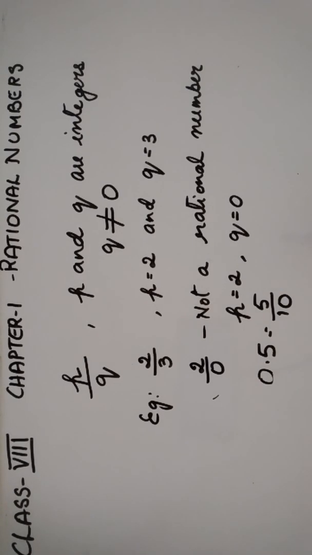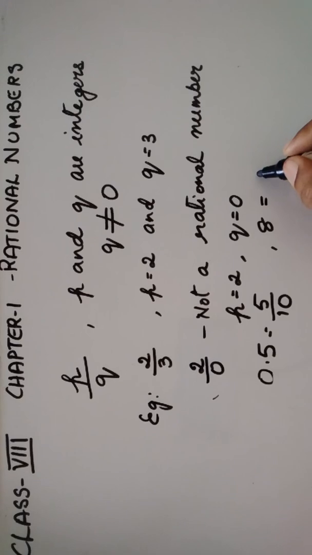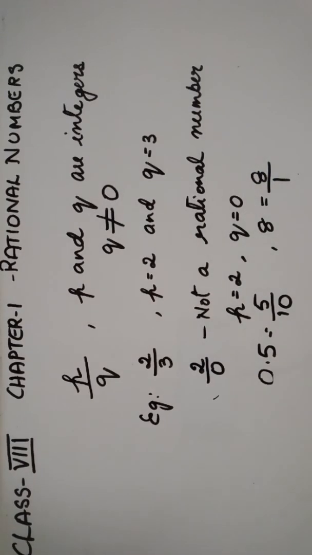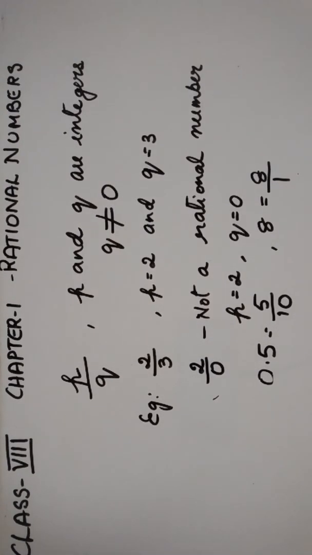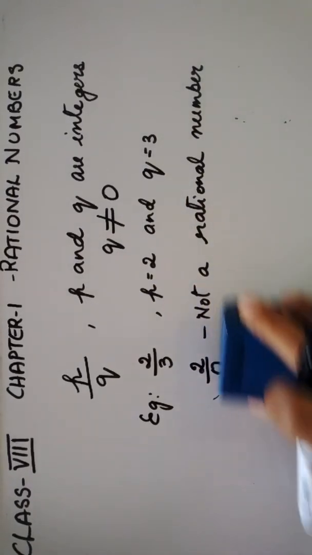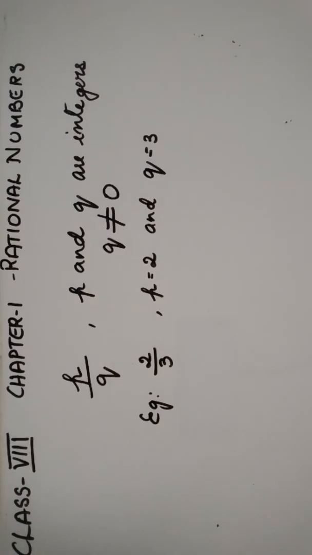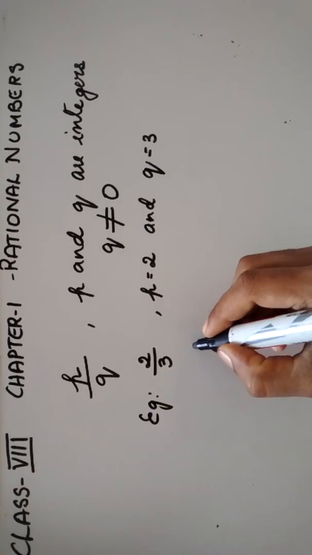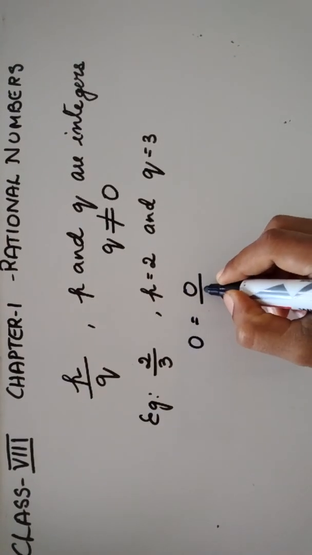Next, any number, for example natural numbers. If I take the number 8, it is a rational number. This integer can be written as 8 by 1. What about 0? 0 is a rational number because it can be written as 0 by 1.